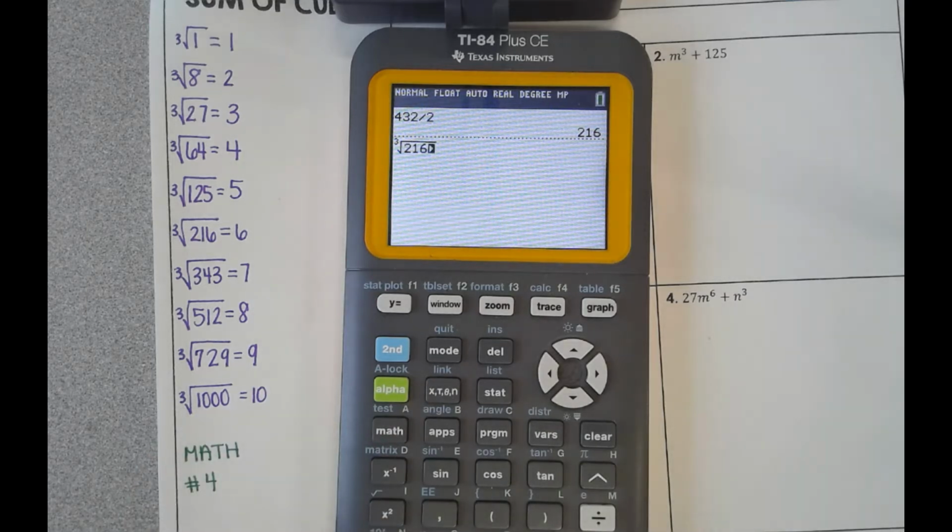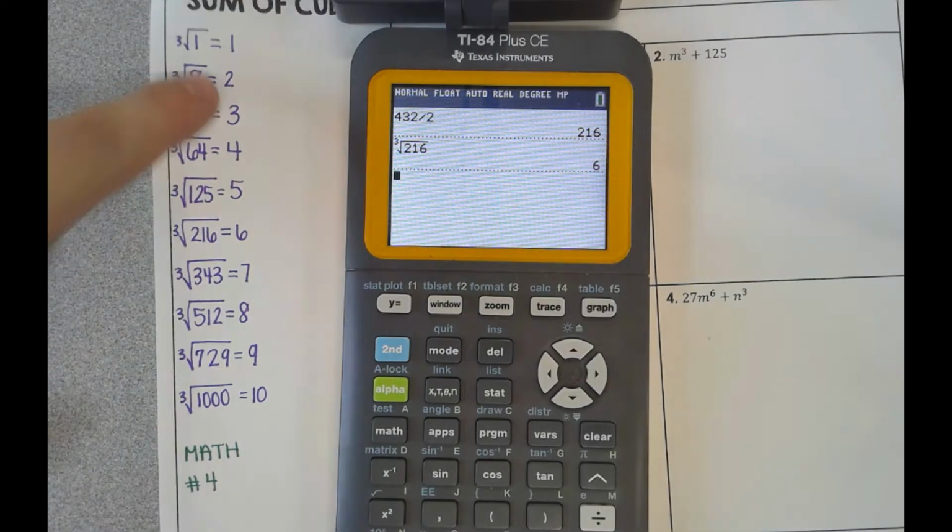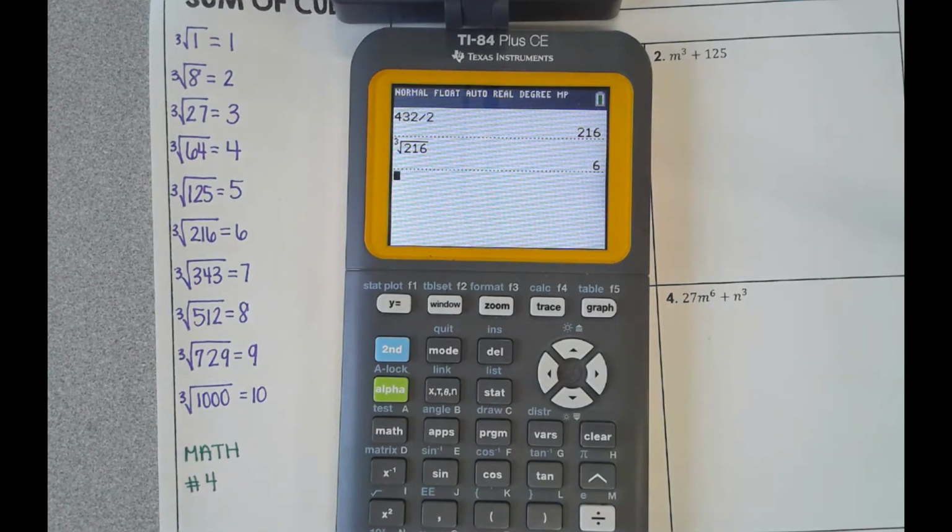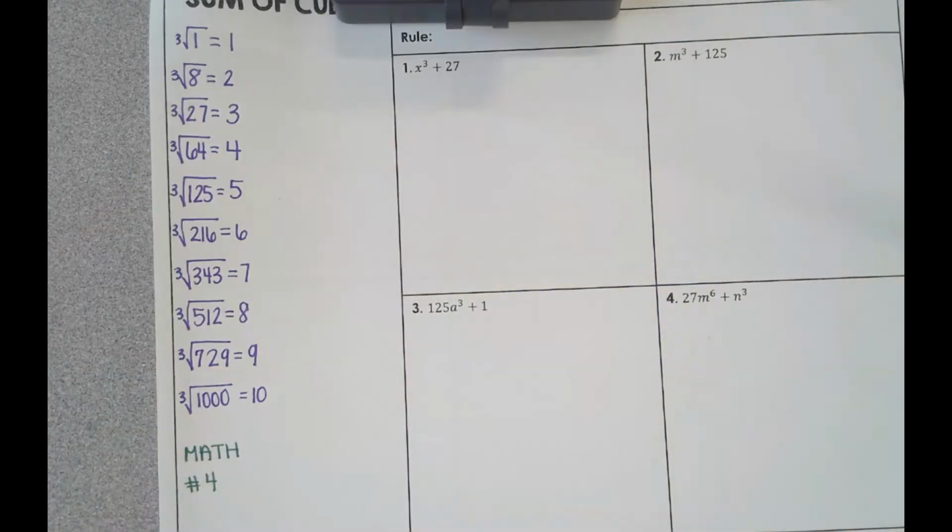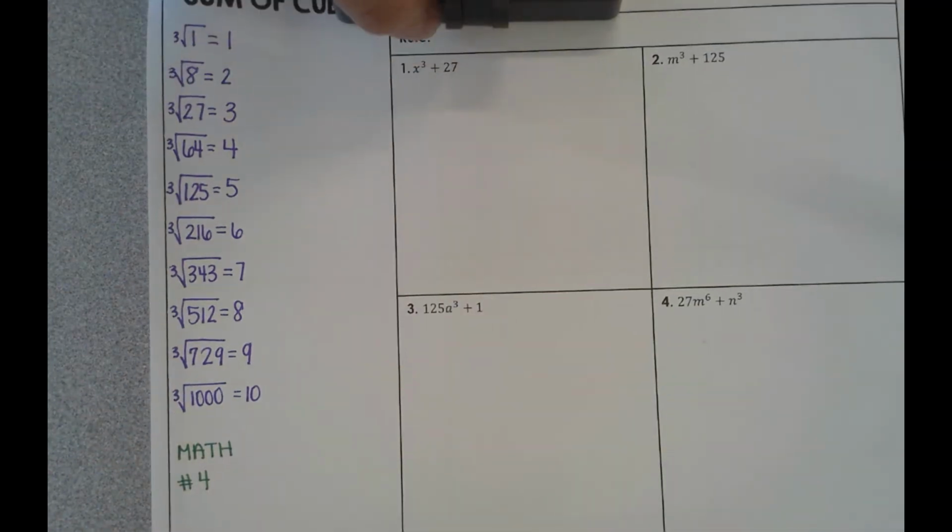Like if I type in 216, it's 6. So you can always do it in your calculator, but sometimes just having the list right beside you is faster than typing it in. So that's the cubed roots if it's just a number.